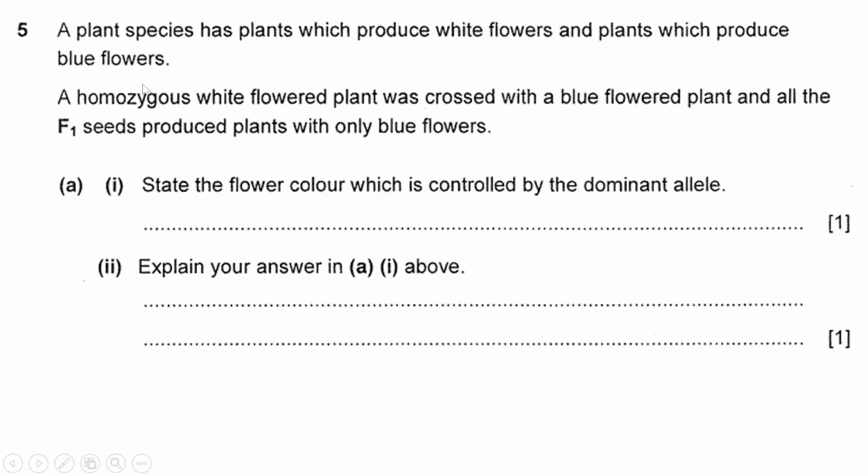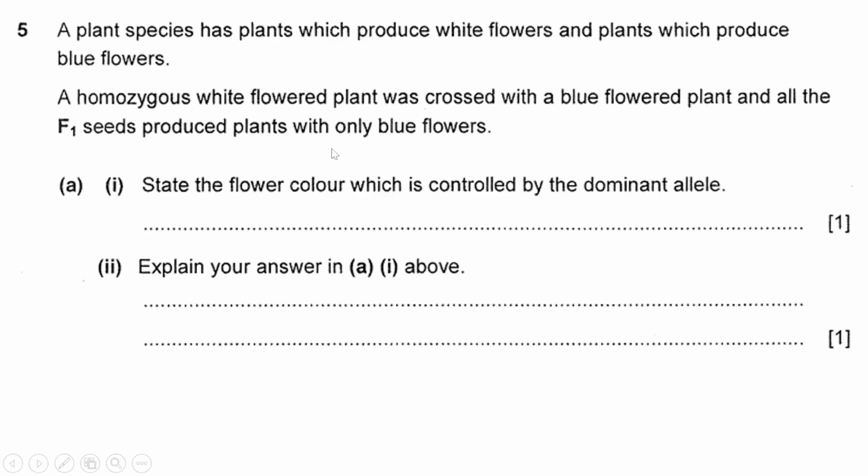When they crossed a homozygous white flowered plant with a blue flowered plant, all the offspring produced in that first generation had seeds which produced blue flowers, none of white flowers. So we start with the homozygous white flower and a blue flowered plant, but the offspring have blue flowers.